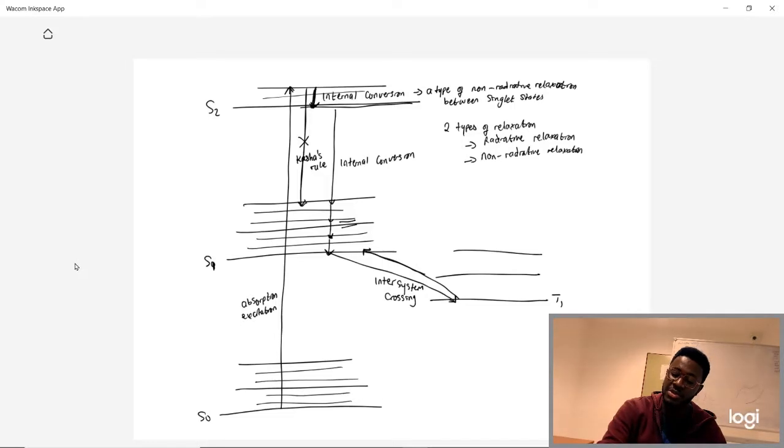The most important one is from S1 to T1. So you can go directly from your S1 to your T1, and then from your T1 you can come down to your S0. This is usually radiative, and this is called phosphorescence, or delayed luminescence.